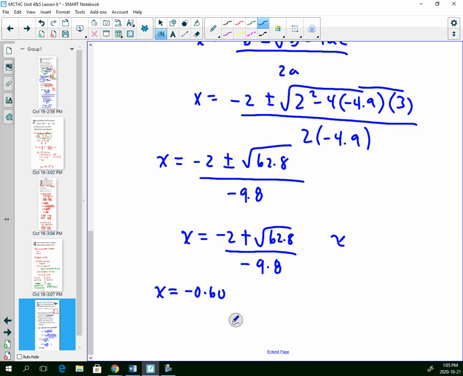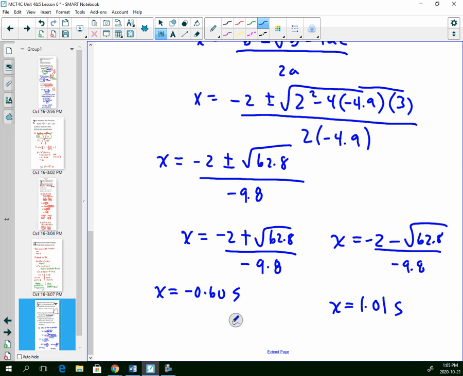And then we're going to have -2 minus the square root of 62.8 divided by -9.8. And we get 1.01.